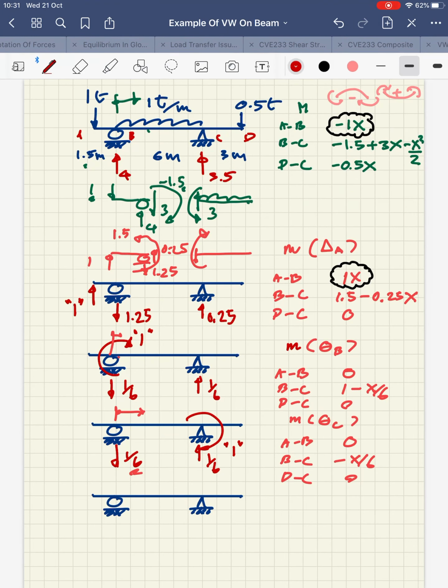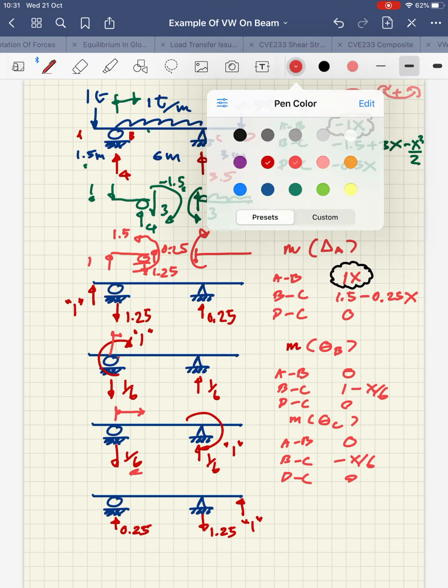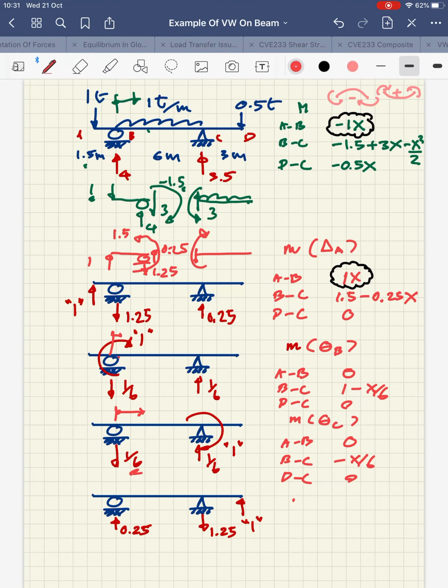Okay, and the last one, I can just apply the unit load here again, upward, just for being different, okay? So this guy is going to come down 1.25, and this will be 0.25 going up.